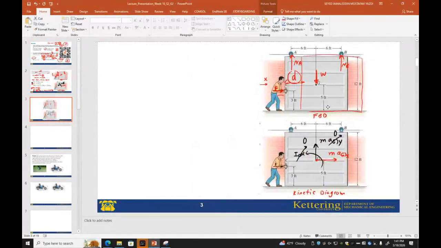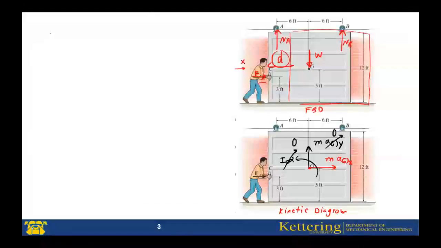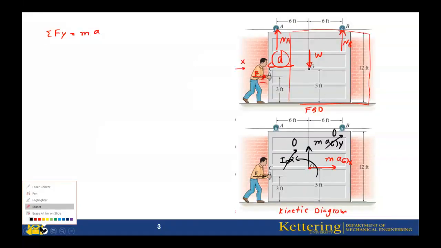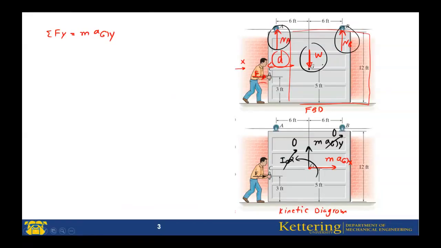Then, next, this one. Summation of the forces along y equals mass times acceleration of G along the y direction. We have these forces along the y direction, three in total, that I just showed you in a circle. Normal force at A plus normal force at B minus weight equals, you know this one also, 0.